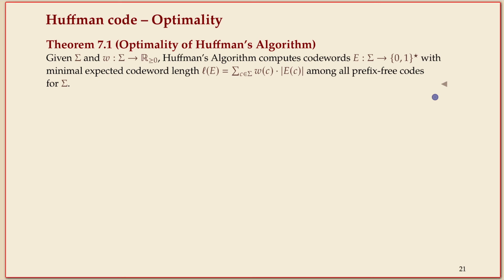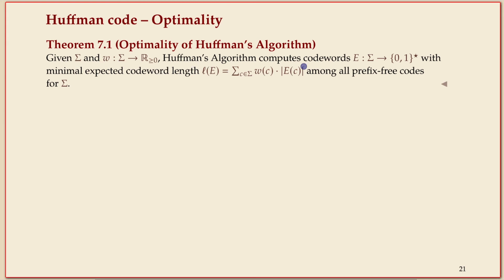Okay, before we finish with Huffman, I want to convince you that this is not just a random procedure that seems to work well on an example, but indeed computes the best possible code. As I said on the slide, this is what we want. So we want to prove this theorem. I spelled it out here a bit formally, but let's digest it one bit at a time. We start with a given alphabet and some weights.